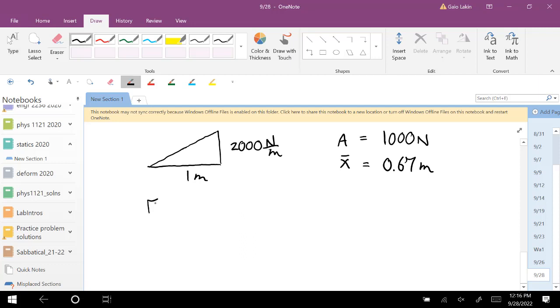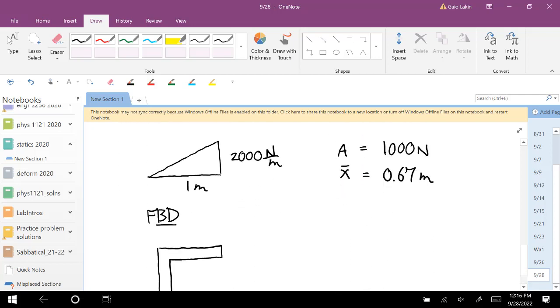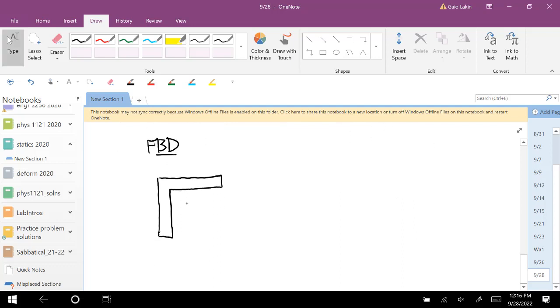So now we can draw a free body diagram. There's a weight force acting somewhere around here that's equal to 490.5.